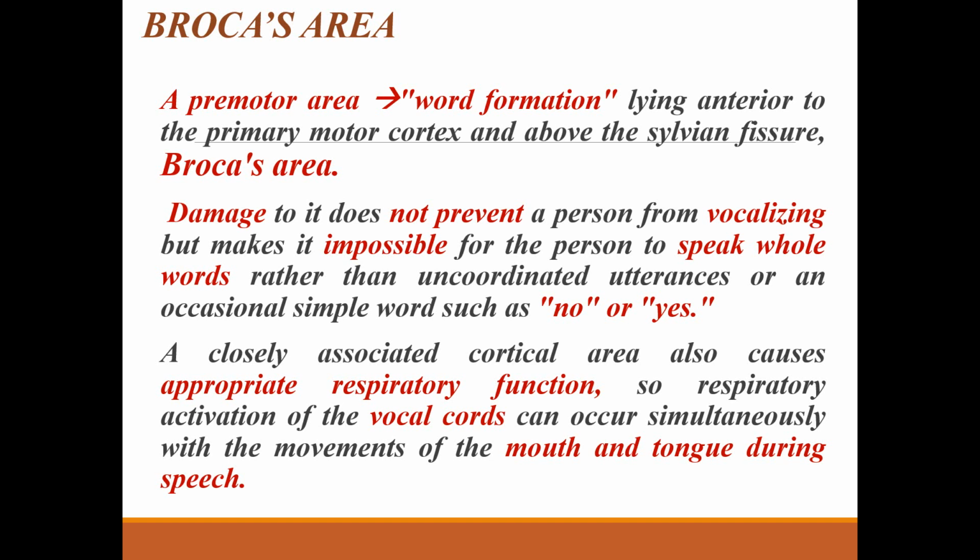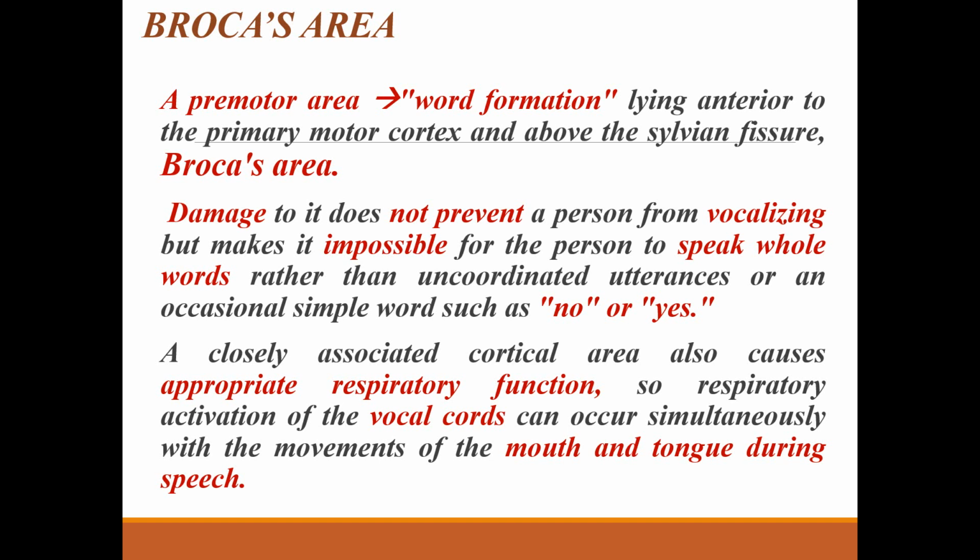Broca's area. Now, what is Broca's area? A premotor area, a word formation area, which lies anterior to the primary motor cortex and above the sylvian fissure, is Broca's area. Now, what happens if there is damage to this?